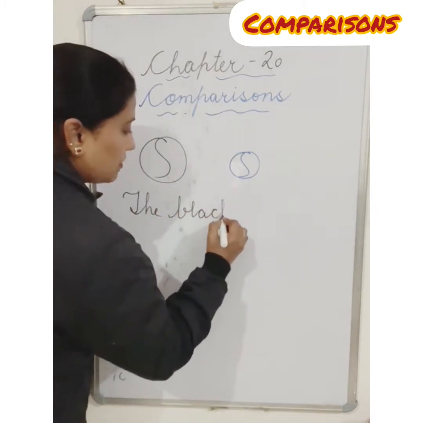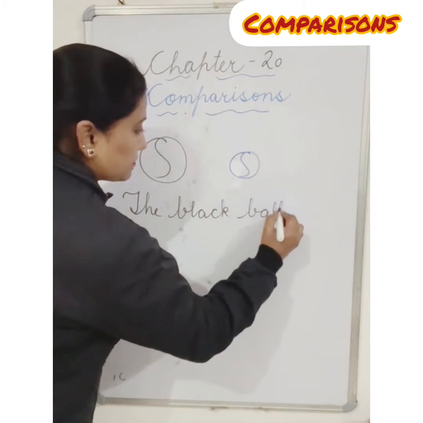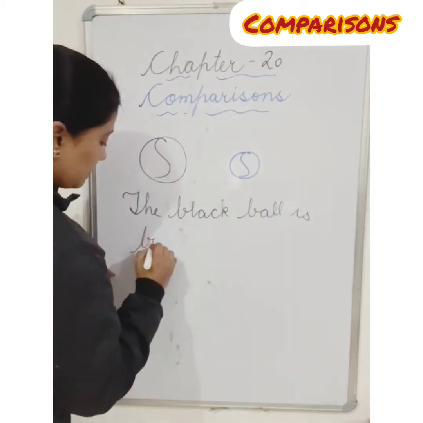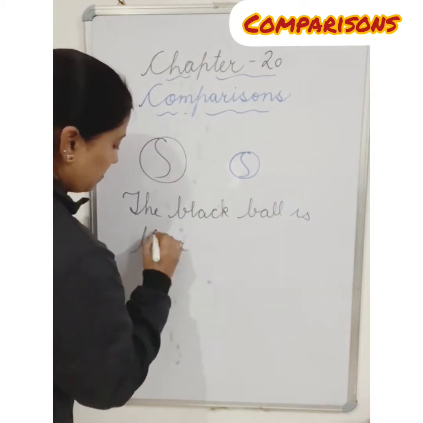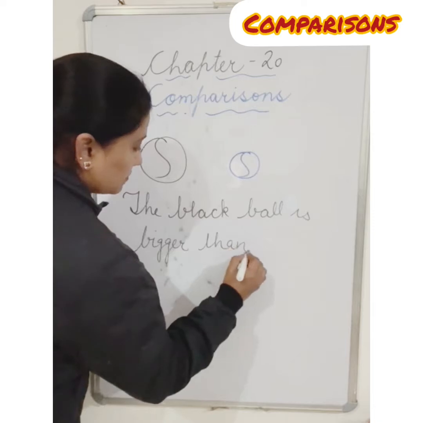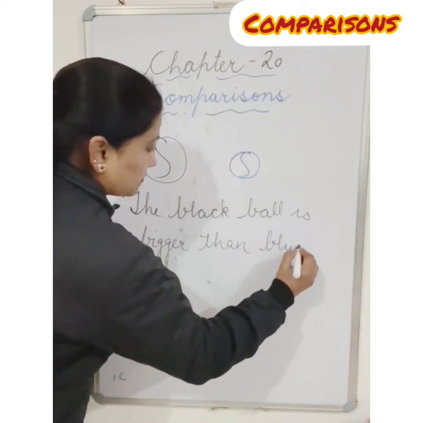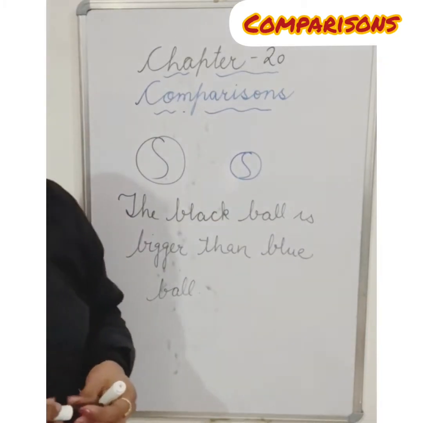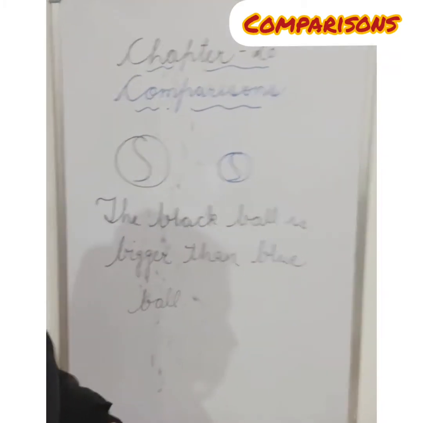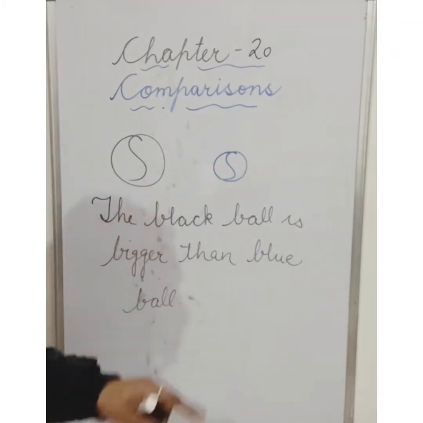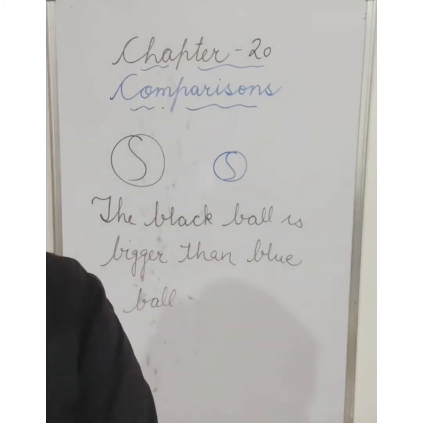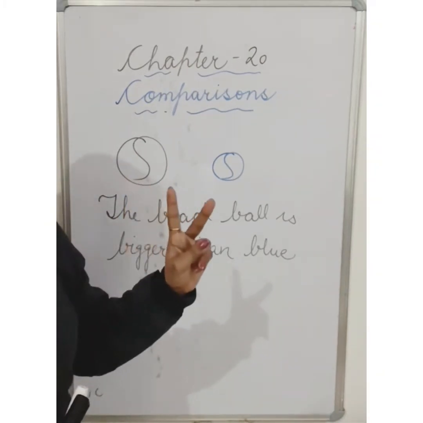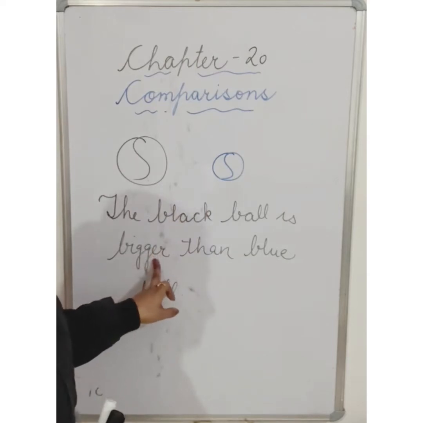The black ball is bigger than the blue ball. So when we compare any two things, two people, then we use er. Then we use the second degree, that is, we add er at the last.